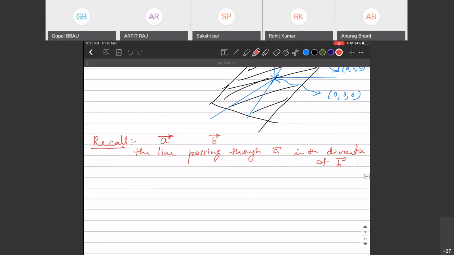Do you know this? How do we write the equation of this line? Anyone? Arpit?